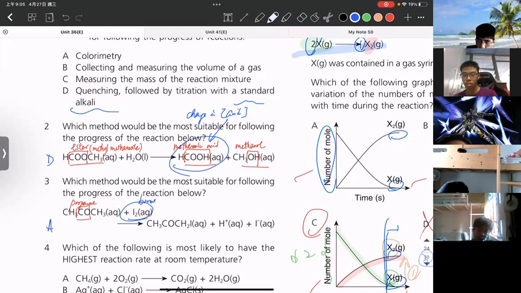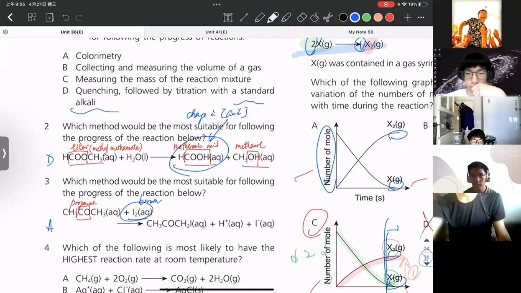So during the whole progress of a reaction, what is the color change? It changed from brown into purple. Brown to purple. Which chemical is purple? Iodine. Iodine is purple.